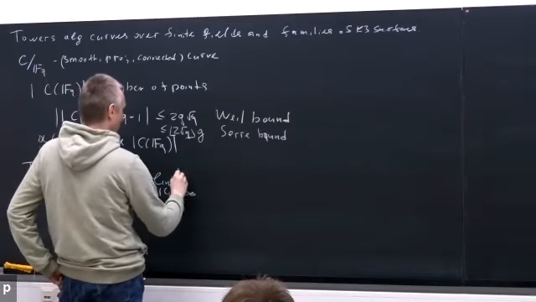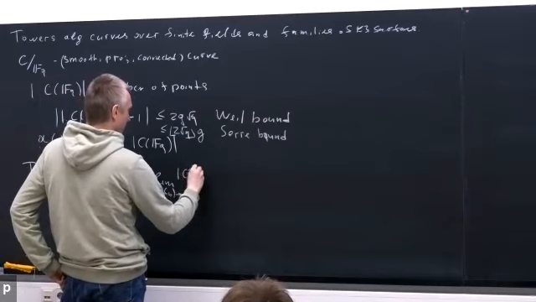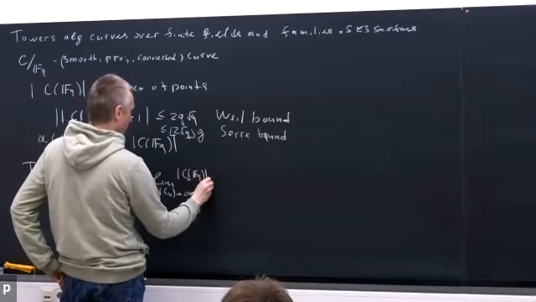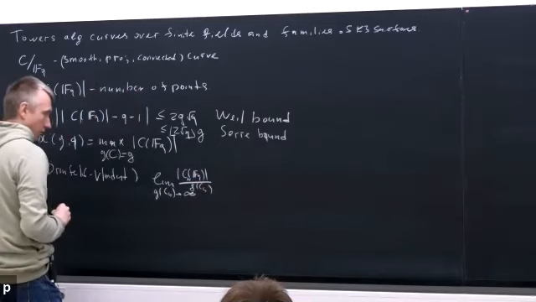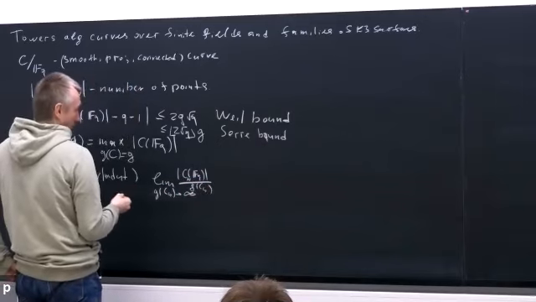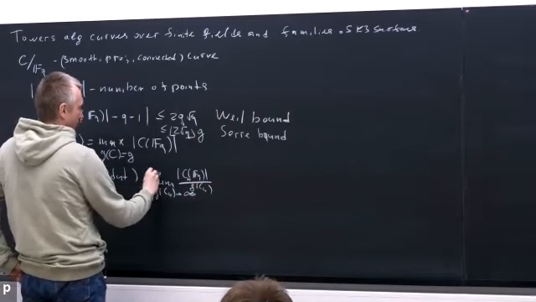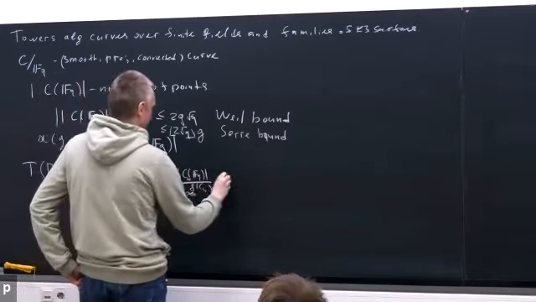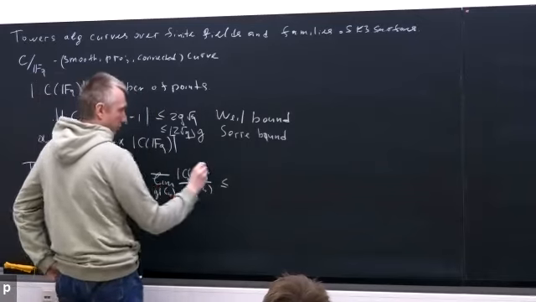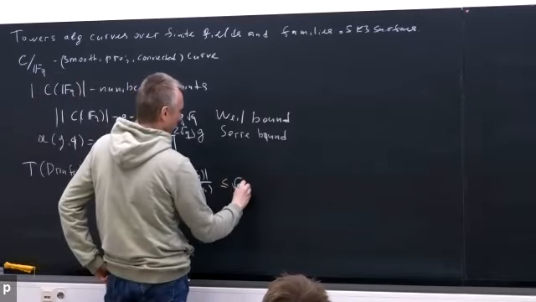In this case, the number of points divided by genus, this limit actually doesn't exist in general. Take the upper limit. In this case, this number is not greater than square root of q minus 1.